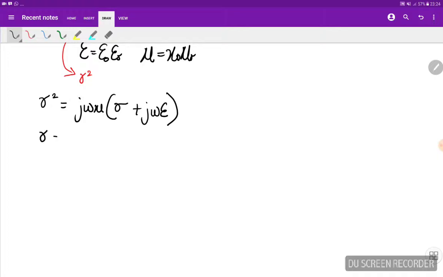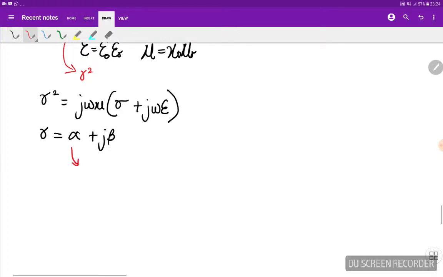Normally our propagation constant is a complex figure, alpha plus j beta. We didn't really talk about what alpha and beta are. Alpha is your attenuation constant, meaning the amplitude reduces as it propagates over distance. Last time alpha was 0 because it's free space, so nothing absorbs its power and it doesn't attenuate.